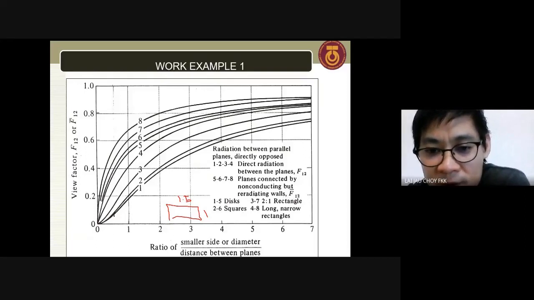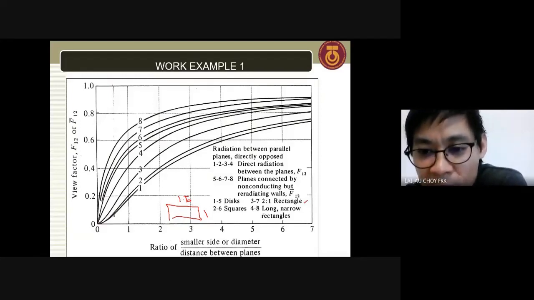So which one is closer to this? I think square or 2-1 rectangle. I think maybe 2-1 rectangle is better, as it is closer.